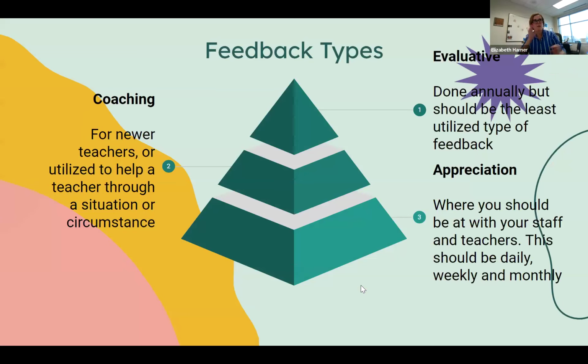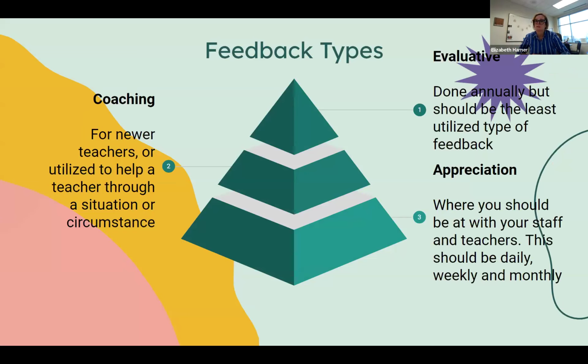So essentially, there are 3 feedback types that I try to operate within, and you probably operate within as well. The first one that needs to be the least done, like I was talking about, is evaluative. In other words, you shouldn't just be seeing your teachers in action once a year when you do their evaluation, or twice a year if they're a new teacher.